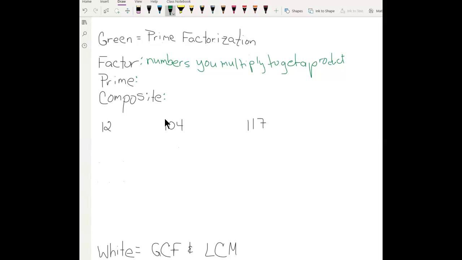Okay? What we've got is a prime number is a number that has only factors of 1 and itself.